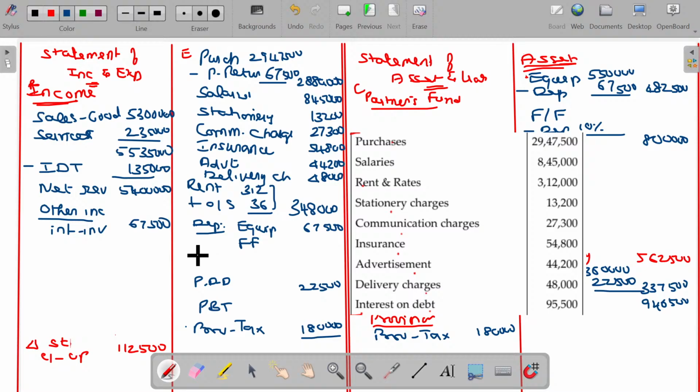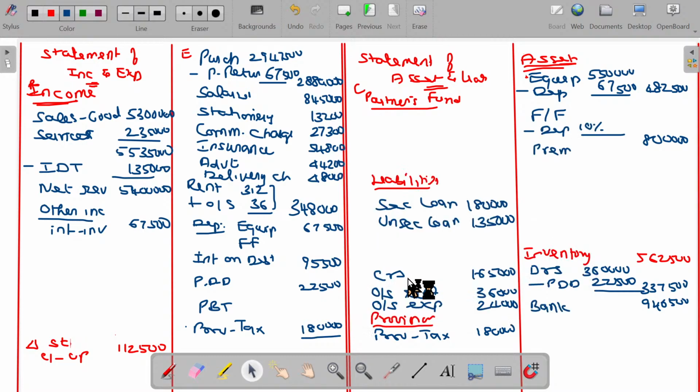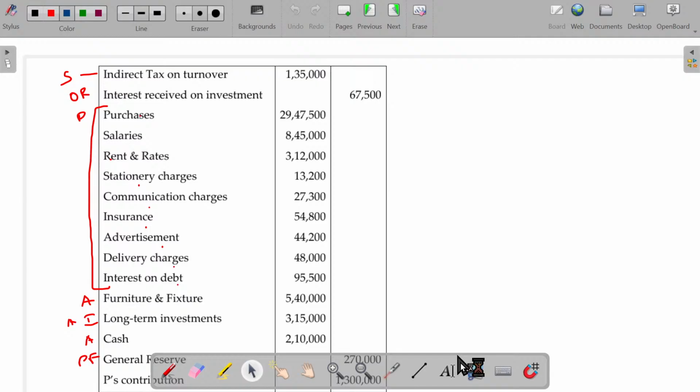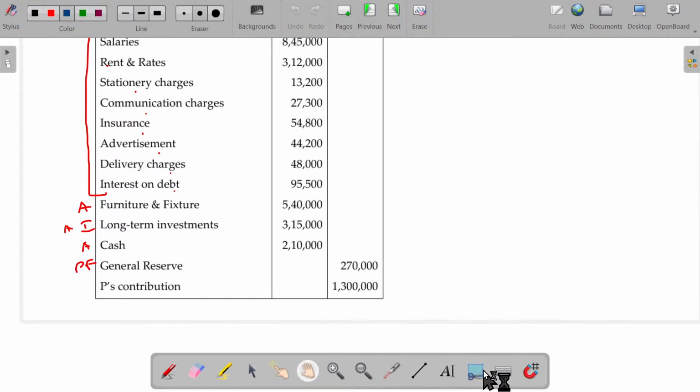Interest on debt 95,500. I have posted all the expenses. Apart from that, we have these items.